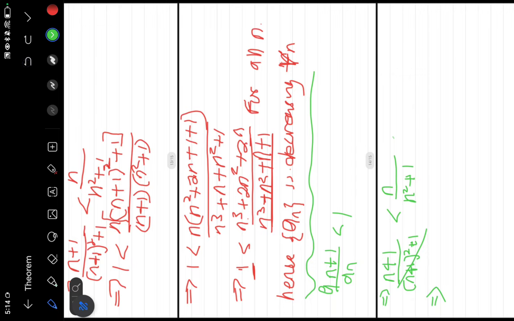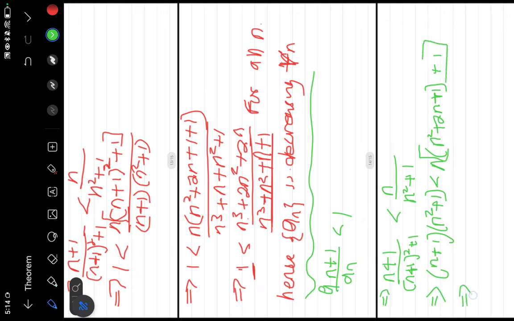If I cross multiply, I would have (n plus 1) times (n squared plus 1), which is less than n times (n squared plus 2n plus 1 plus 1), right?